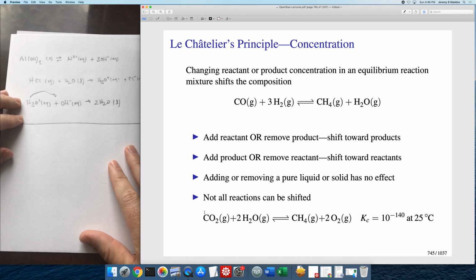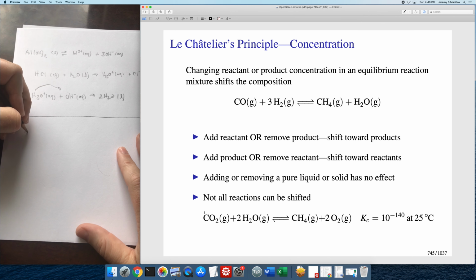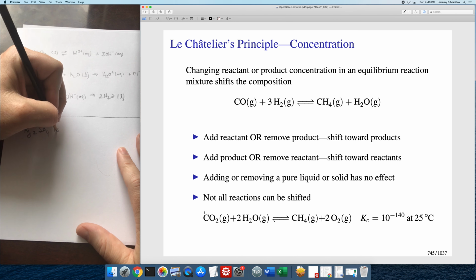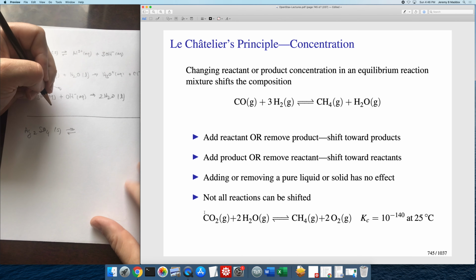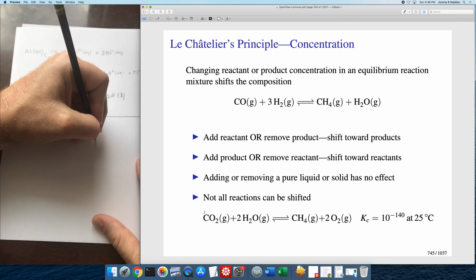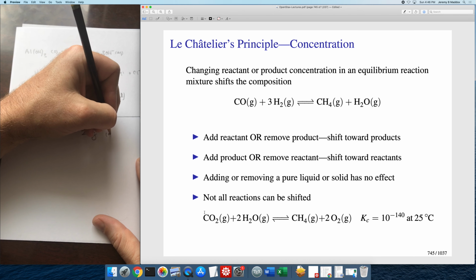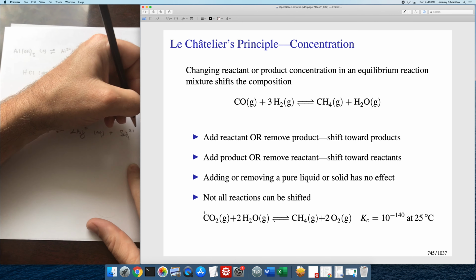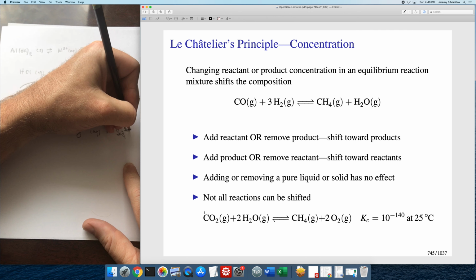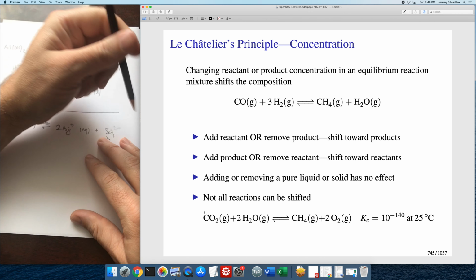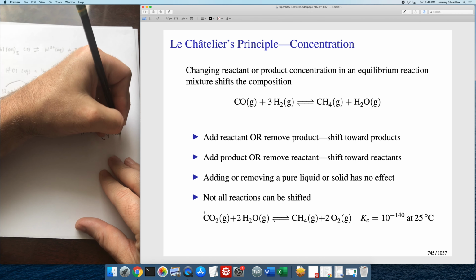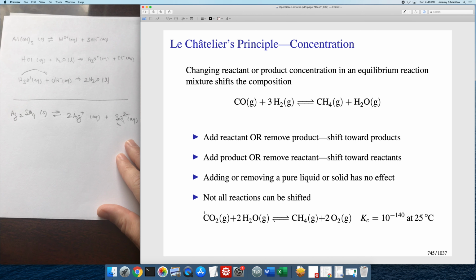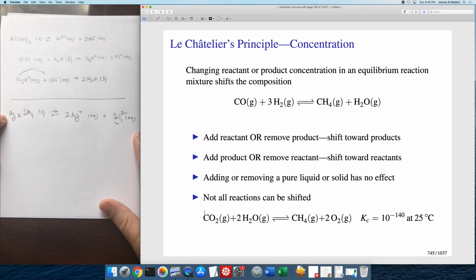Let's do another example. Let's consider a saturated solution of silver sulfate. Should be 2 minus. So this is another dissolution reaction.